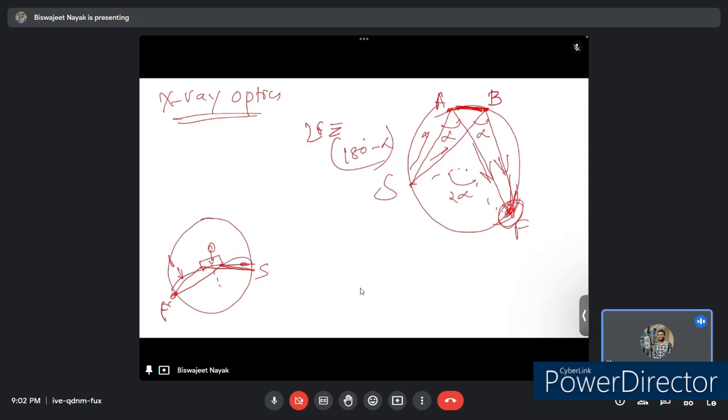This is the focusing circle, and this is the normal specimen.